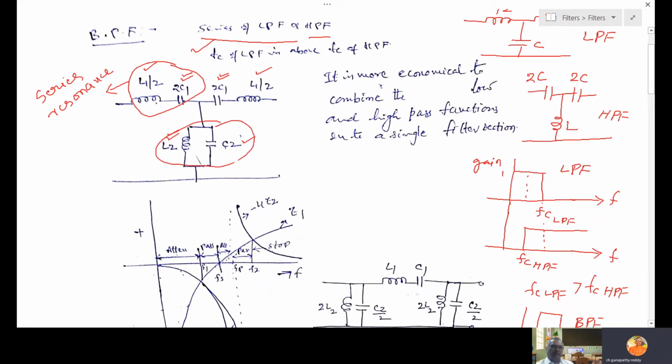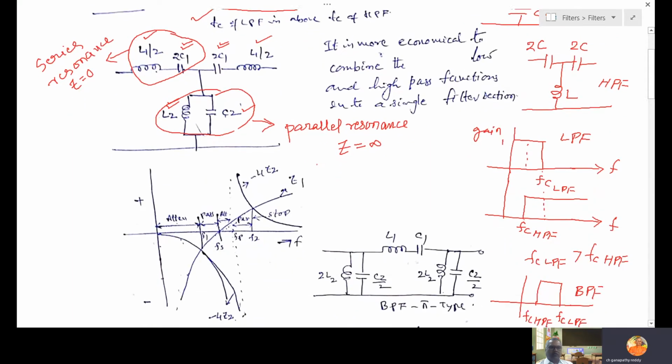This parallel LC will form a parallel resonance. At parallel resonance, what is the impedance? Infinite. At series resonance, what is the impedance? 0.